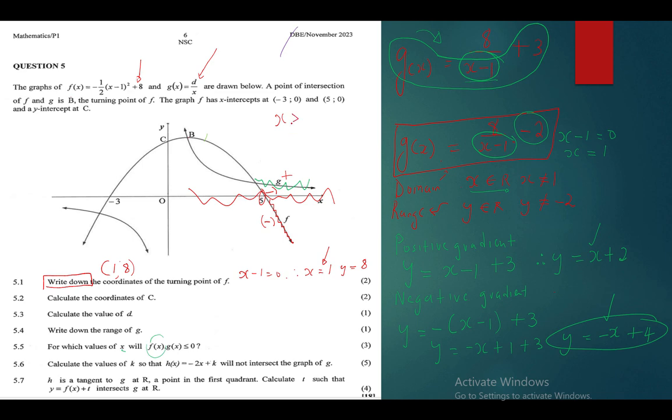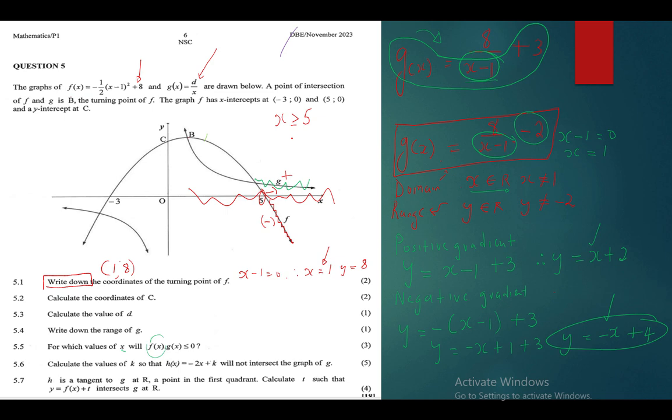So we realize that when x is above or equal to 5, the two functions, when we multiply them, give us a value which is 0 or below 0. So the correct answer here is when x is above 5.